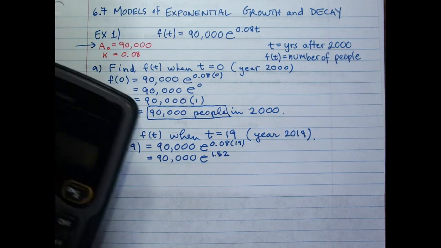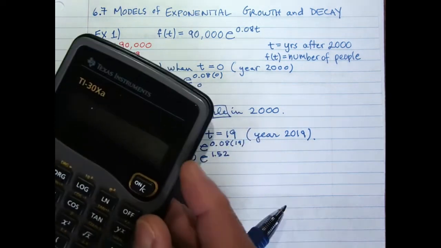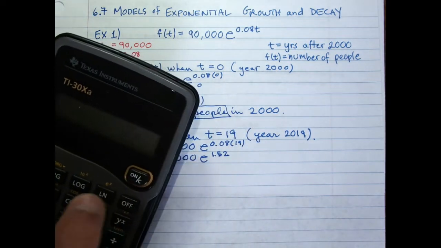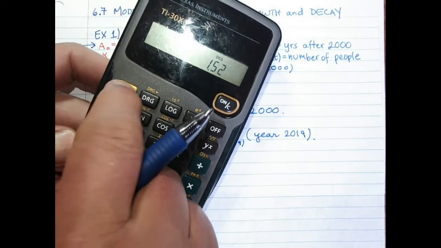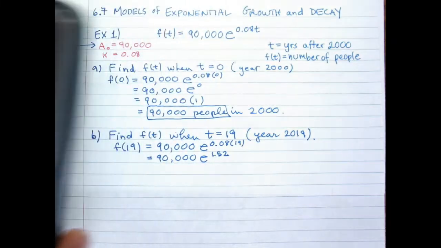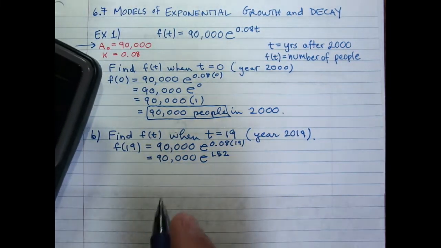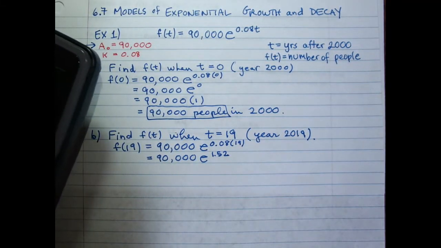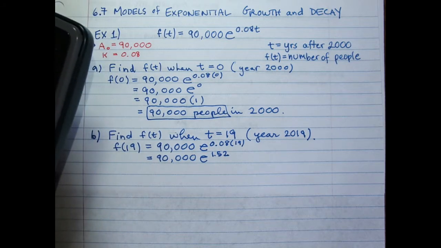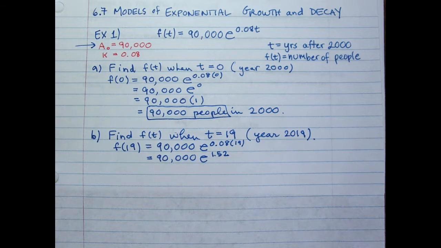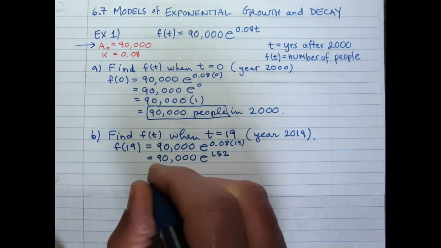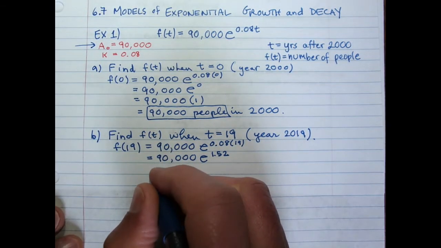On my calculator, I have 1.52 on the screen now. My e to the x button, I have to hit the shift key to get to it. So I go second e to the x. And now I'm just going to go right ahead and multiply my result times 90,000. And I'm going to have to round off, because you'll often get messy decimal answers here.